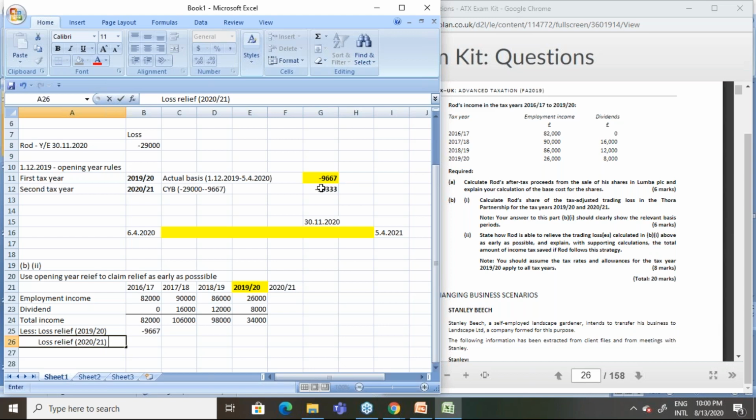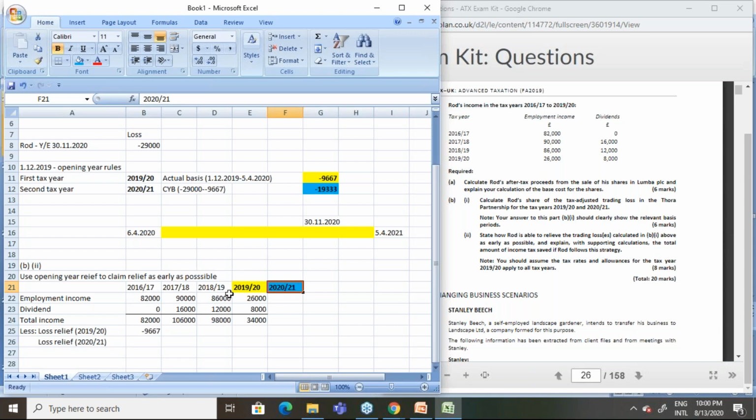So there you have a loss of 19,333. So in 2021, you have a loss of 19,333, and you can carry back this loss through 3 years: 1, 2, 3. So you can't reach 16-17.